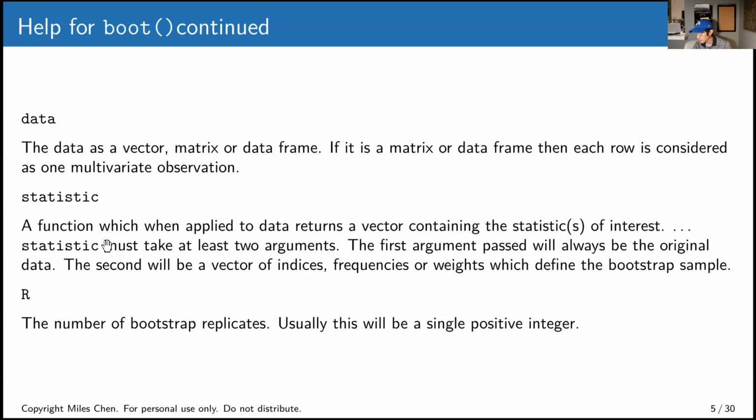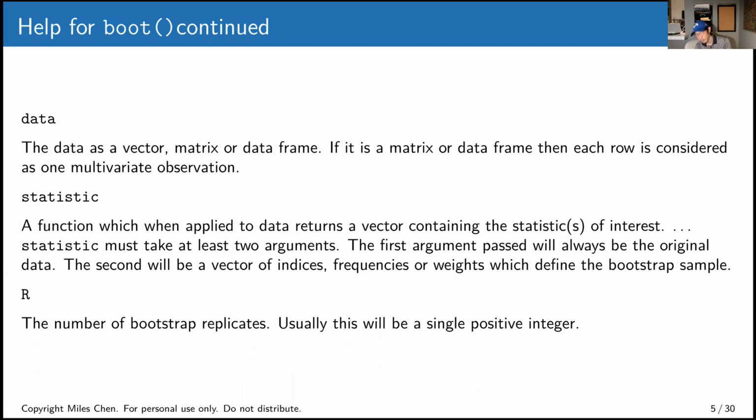The statistic is a function that, when applied to some vector, returns a vector containing the statistic of interest. Either just a single value, or you can have it return multiple values, but it'll return the value of interest that we are trying to test.